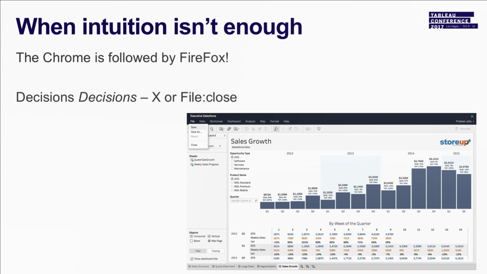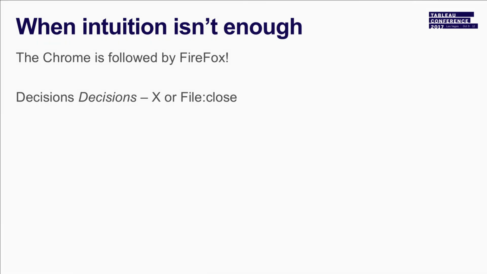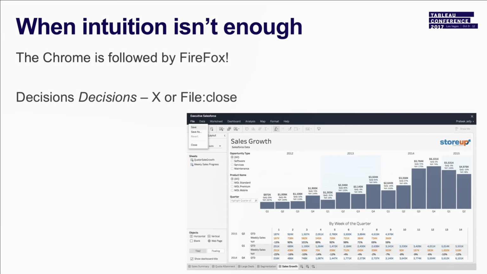Okay, so here's a screen which shows web editing in Tableau. Now once you've done whatever you wanted to do with editing, which do you think people use to close the screen? Wow. So there's the close button over there, or this X over here.